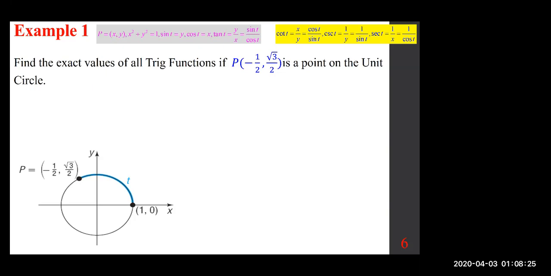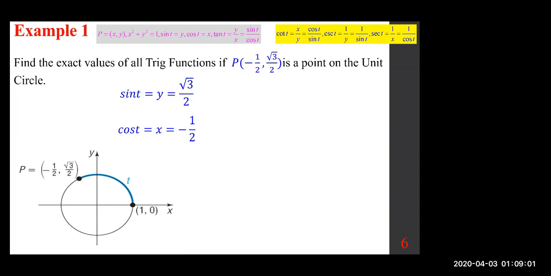Negative 1/2, square root of 3 halves gives us the second quadrant. So it's important to understand that. And so x represents cosine, and so x must be negative 1/2. Therefore, cosine is negative 1/2. Y is represented by sine, so sine must be square root of 3 halves. So as long as we have those two, the rest are very simple.